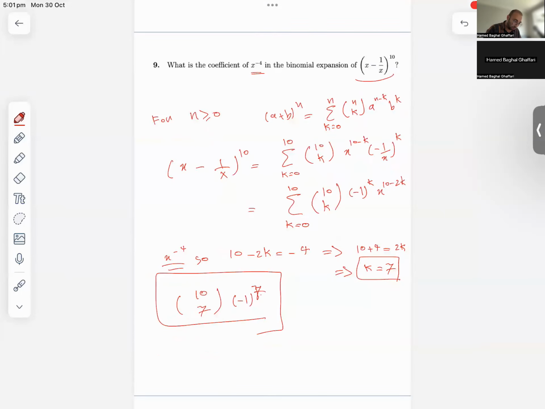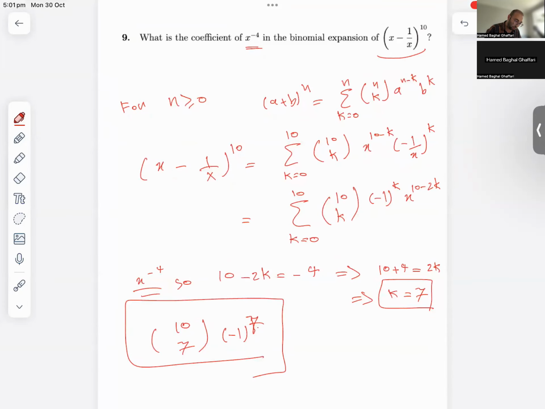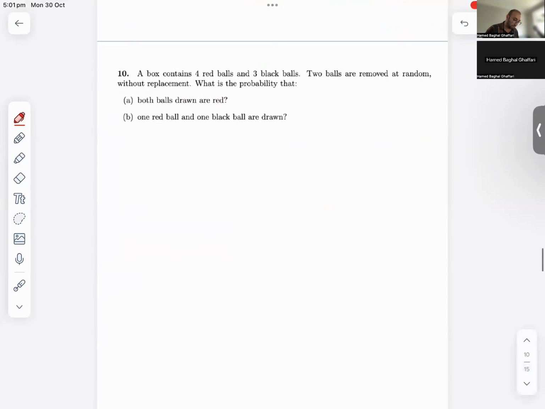Okay, so move on to question 10. A box contains 4 red balls, all right, and 3 black balls. Two balls are removed at random without replacement. What is the probability both balls drawn are red?